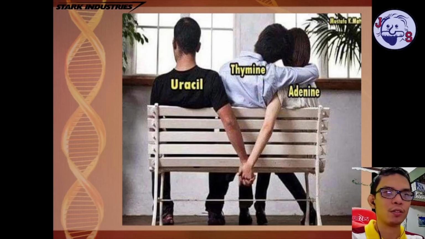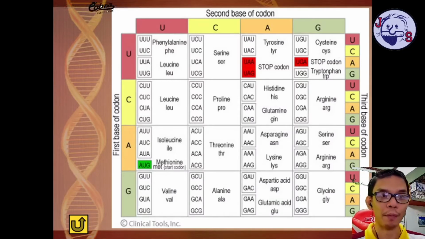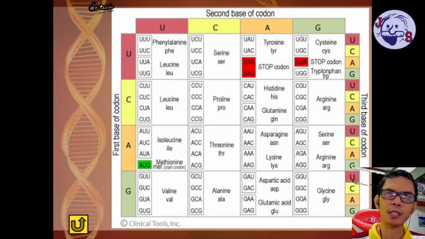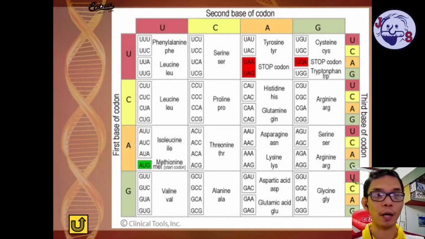Now what we have right here is the genetic code chart. What is the genetic code chart? This is the collection of amino acids and the codon bases that correspond to your amino acids. There are amino acids that will trigger and amino acids that will stop the process of protein synthesis, and there are 20 of them all in all.